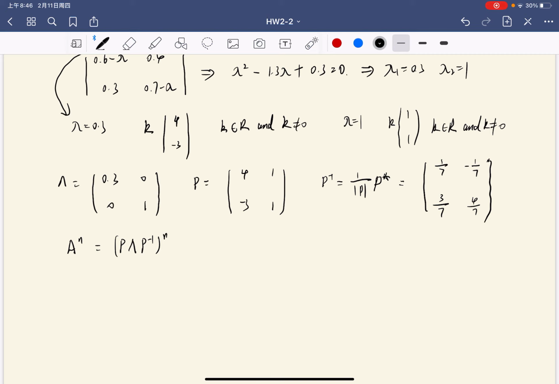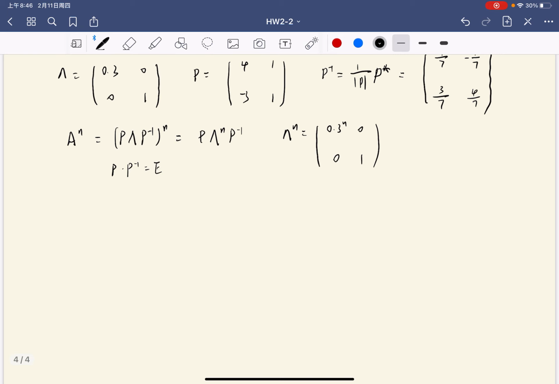Because we know that P multiplied by the inverse of P equals E, a unit matrix, the result is that A to the power of n is P multiplied by gamma to the power of n, multiplied by the inverse of P. And gamma to the power of n is, obviously, 0.3 to the power of n, 0, 0, 1.